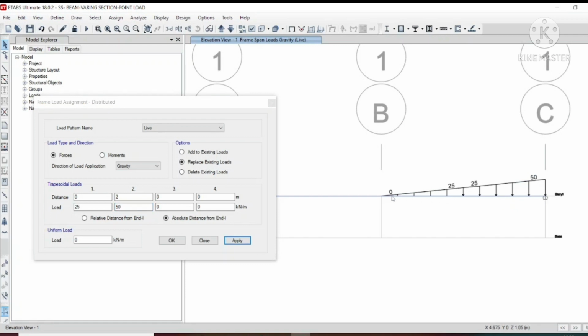This is your load. So you will be having 0 to 50, as this is the triangular load, and we have applied here. Let us press OK.